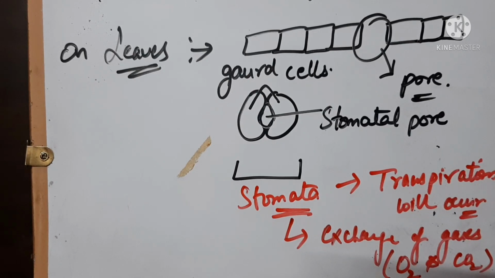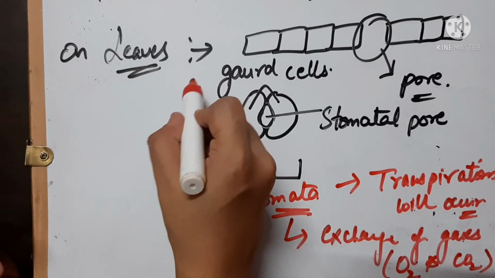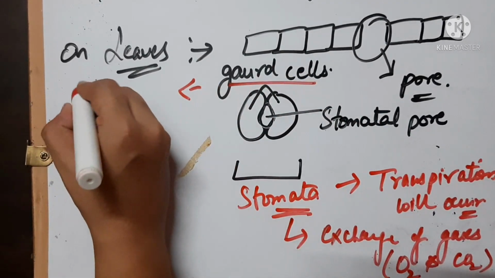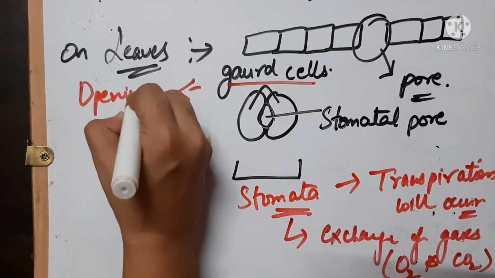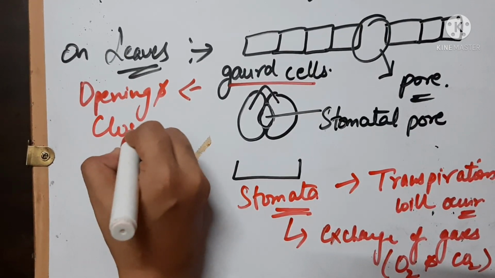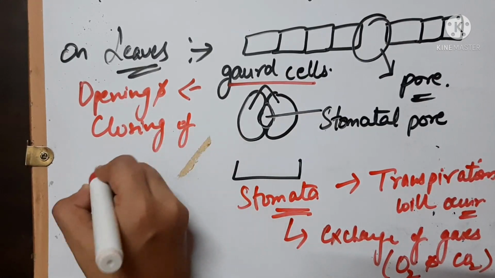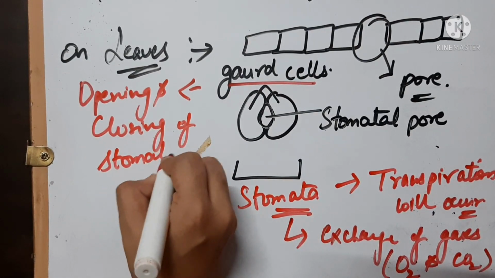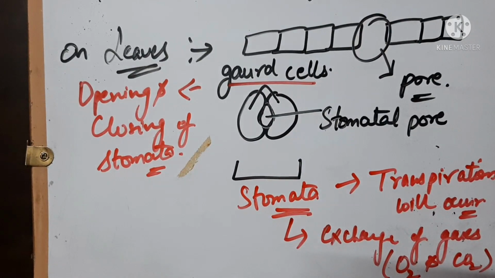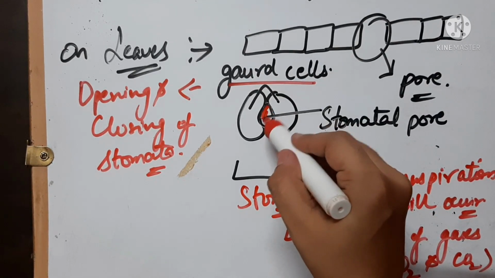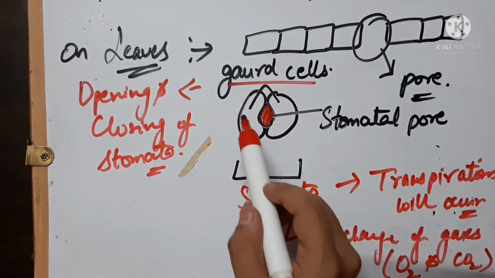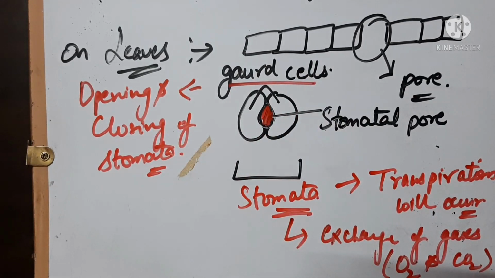Alright, what is the function of these guard cells? These guard cells help in opening and closing of stomata. They regulate this. This is the stomatal pore. The guard cells will help regulate the opening and closing of this.